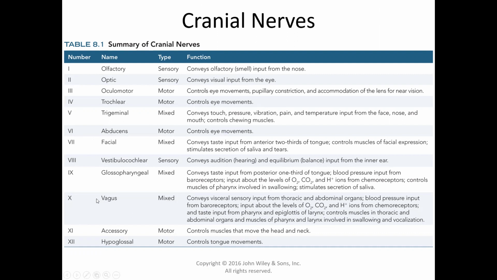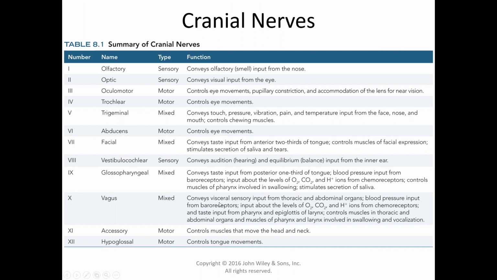Okay. Vagus nerves, I mentioned, we talk a lot more about. They're the major nerves that carry signals as part of our parasympathetic nervous system for that rest and digest response. So they're going to be involved with stuff that we're going to talk about in our next lecture.